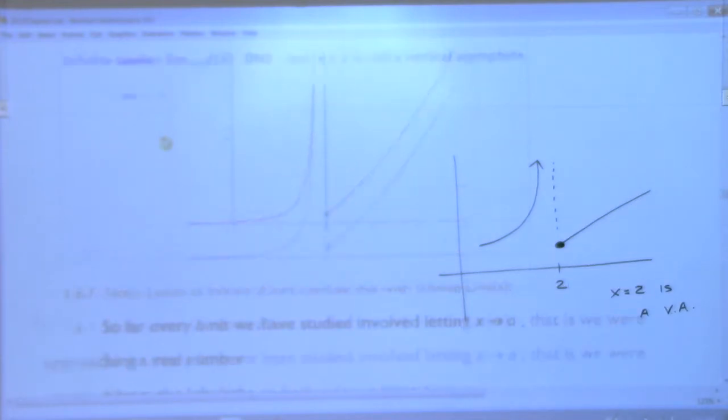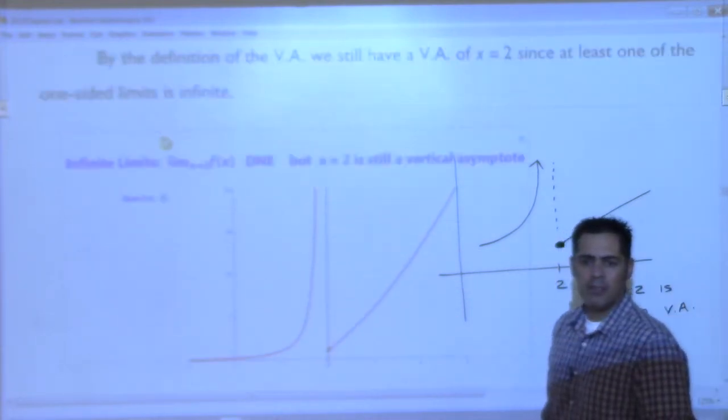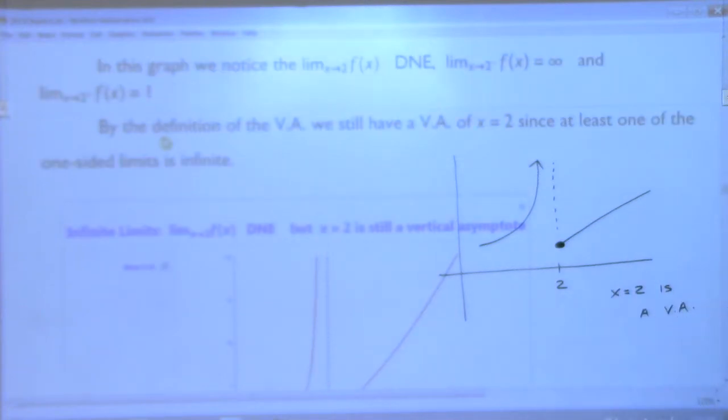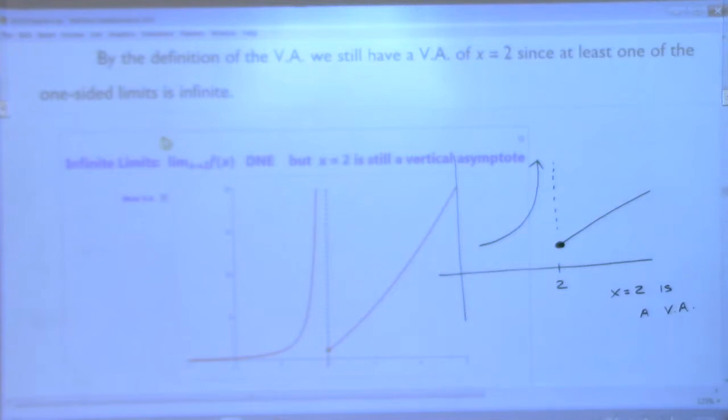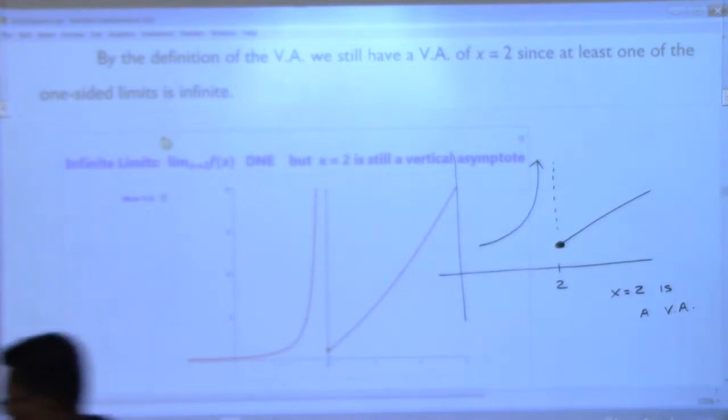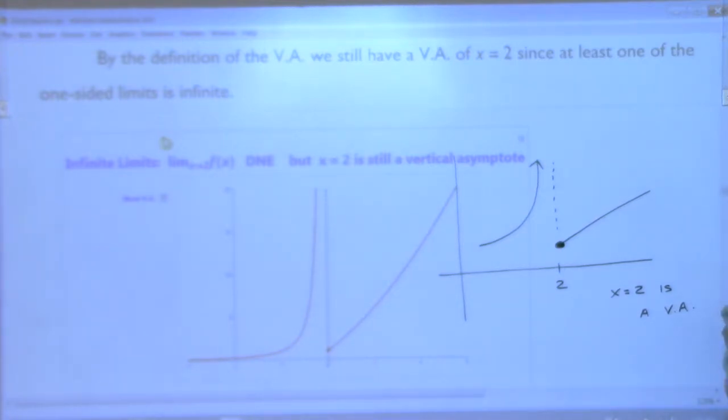All right, any questions on that? You all right? So on the test, how would you want us to write that? For what? For vertical asymptote? Yeah. If I give you a function, say, find the vertical asymptote, you would say x equals whatever.